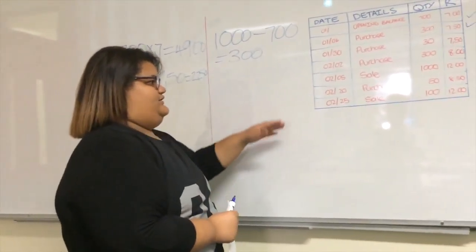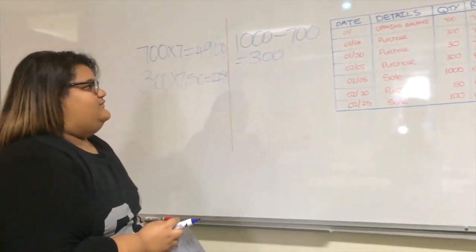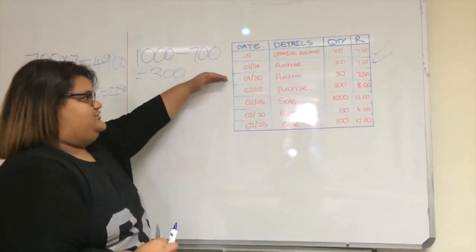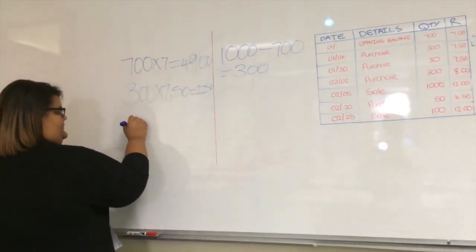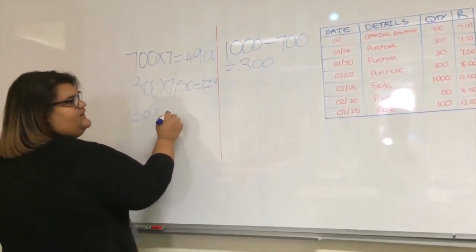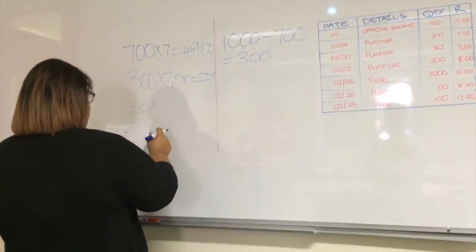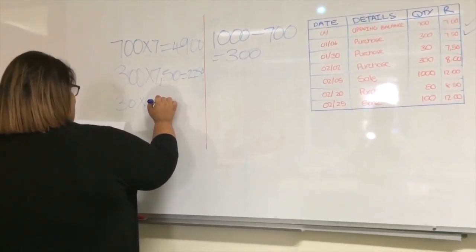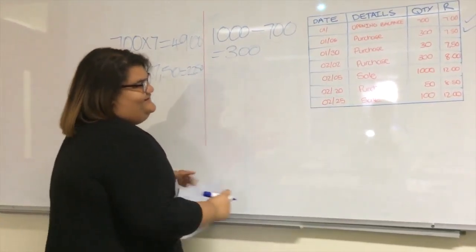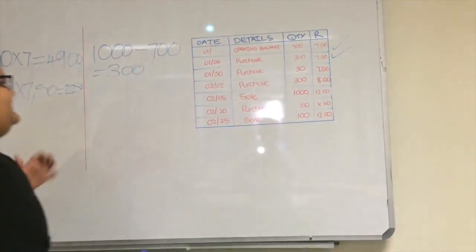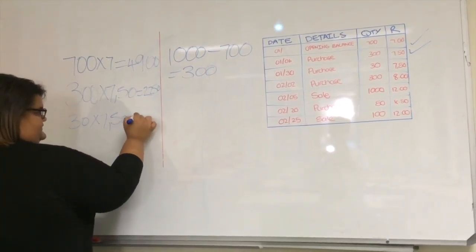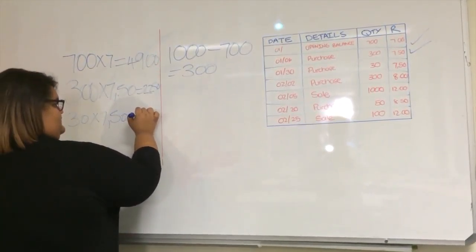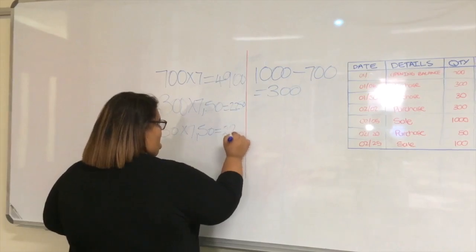Yeah. When you move on to the next sale, and you see that it was for 100, and now you see that it was 30 that was purchased on the 30th. So you use that 30 times 7.50, and the total is 225.